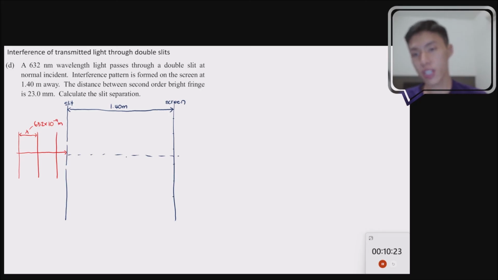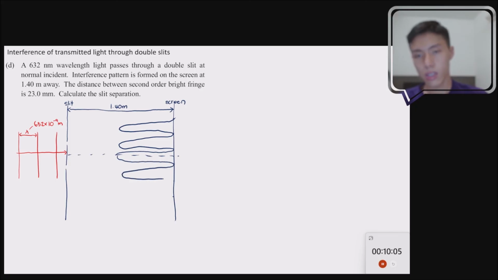You need to draw it for both sides because you want the distance between the two second order bright fringes. Oh, I butchered the drawing, but never mind, as long as you understand what's happening. Everything that you see here are called bright fringes, and everything that you see here are called dark fringes.